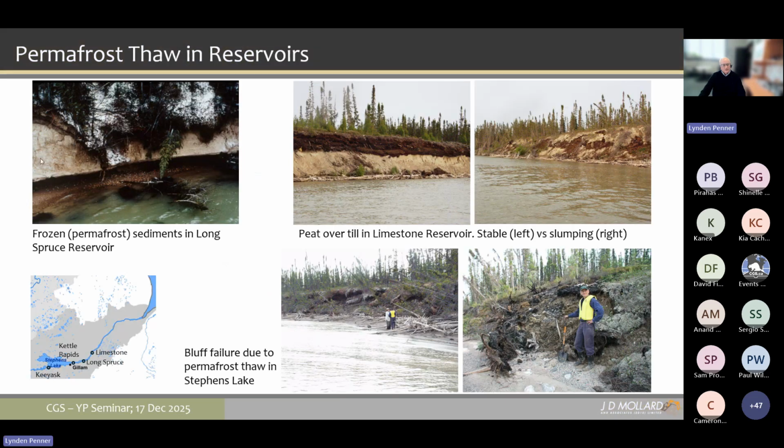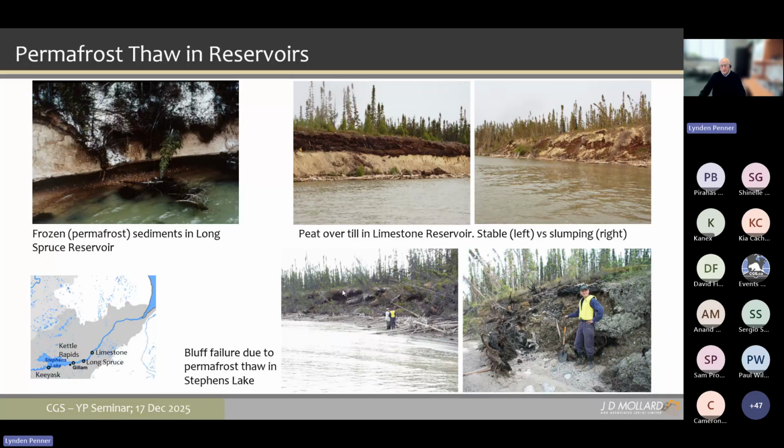A couple of examples in reservoir shorelines showing permafrost thaw around reservoirs. So if you build a reservoir, the water begins to thaw the sediments around the reservoir. Here we see thawing underneath frozen till in the Long Spruce Reservoir.